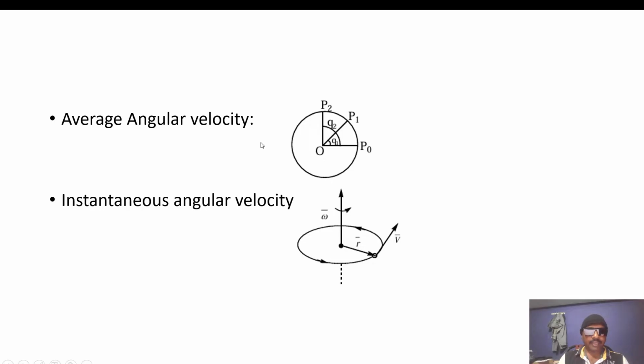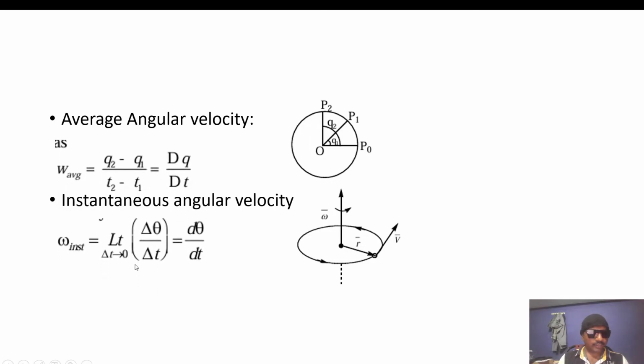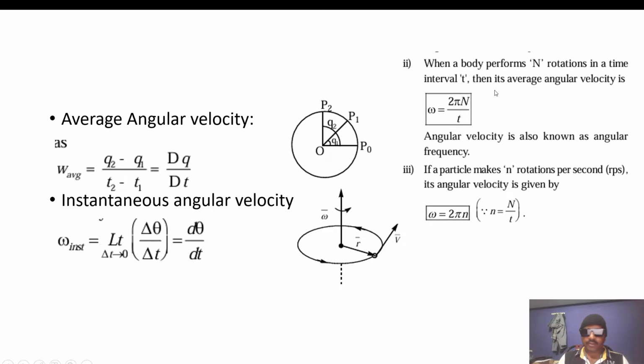Average angular velocity, this is the formula. Instantaneous angular velocity, this is the formula. If a body performs n rotations in time t, then its average angular velocity omega equals 2 pi n by t.